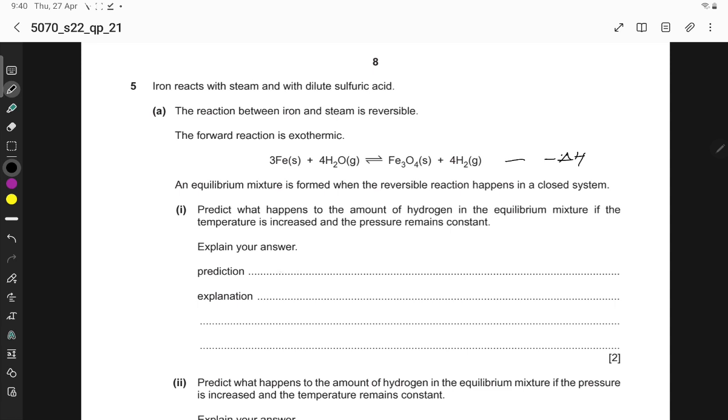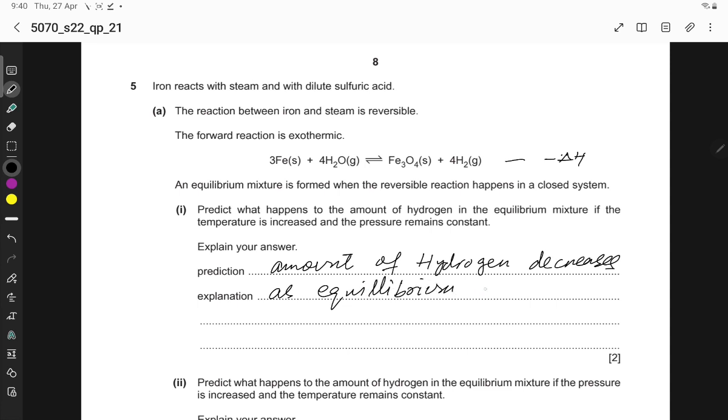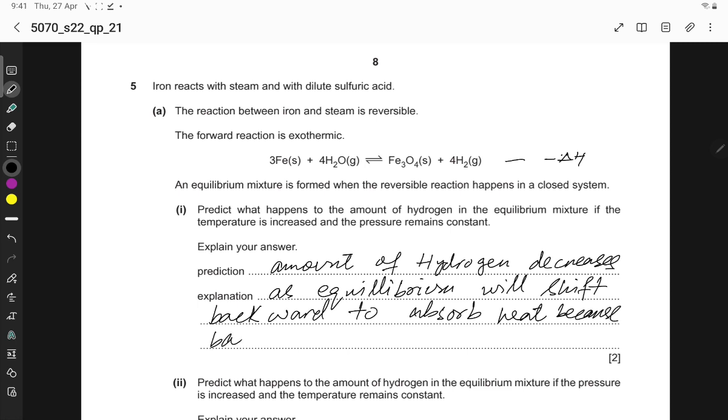Amount of hydrogen decreases as equilibrium will shift backward to absorb heat because the backward reaction is endothermic.